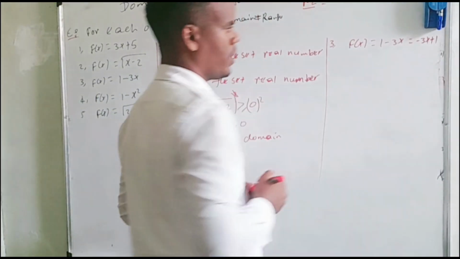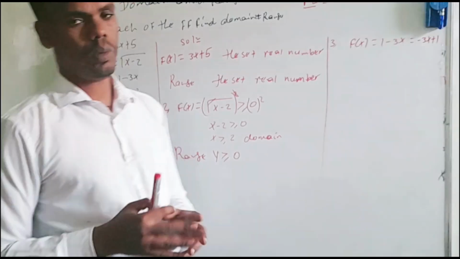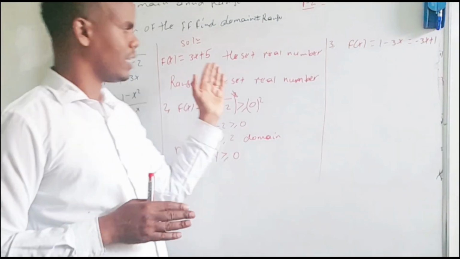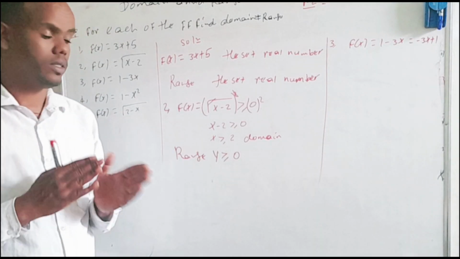As with any linear function, the domain of a linear function is always the set of real numbers, and the range is always the set of real numbers. There is no restriction.